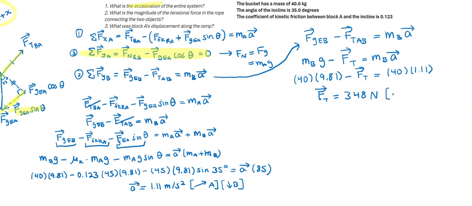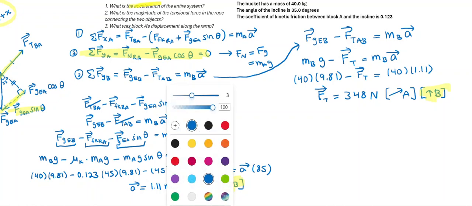And then the direction, this way for A, and then up for B. Once again, be careful of this. And that is question 2 done. Okay, we're done question 2.